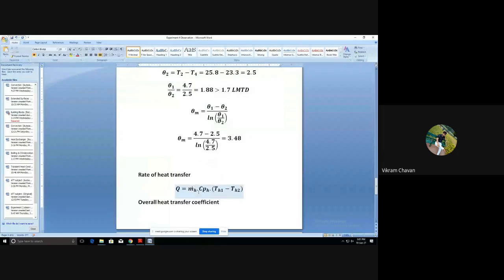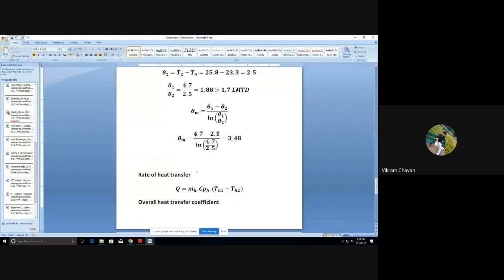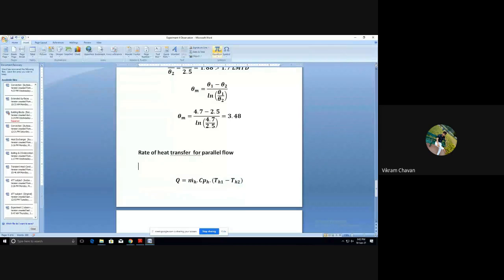Now here we require m dot h, the mass flow rate, for the rate of heat transfer for parallel flow. We have to calculate m dot h.